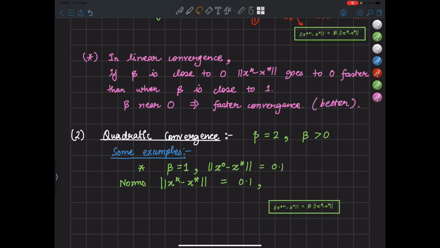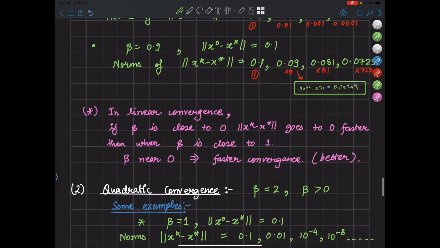Here the order is 2. So 0.1 squared times beta; you keep on squaring, so 0.01, then 10 to the power minus 4, then 10 to the power minus 8, etc. So you can see the convergence rate is higher than the convergence rate in the linear case.